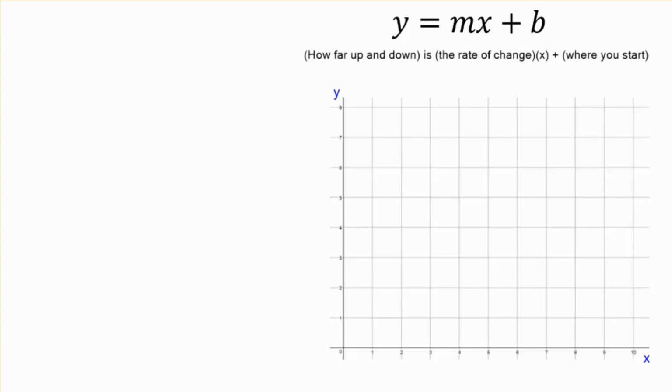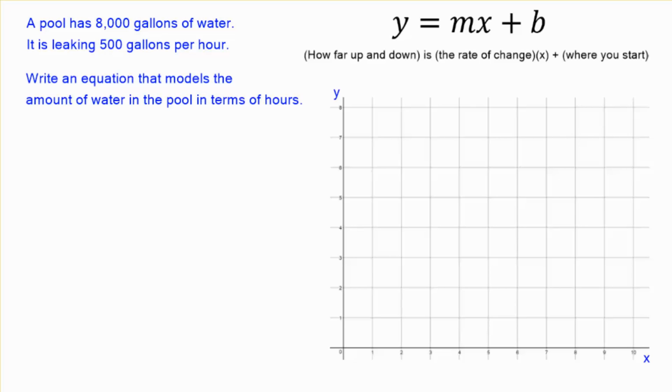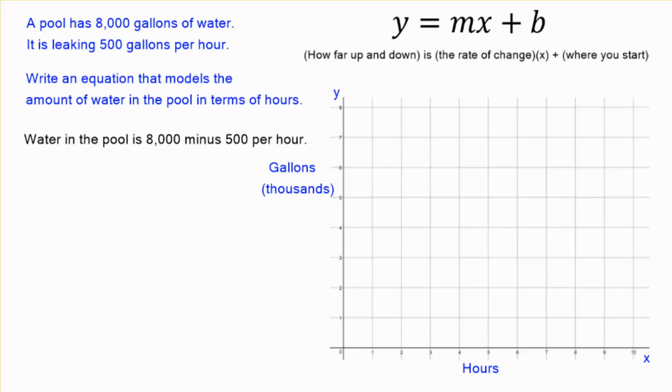Let's try another one. Let's say you have a pool that has 8,000 gallons of water. That's when you start. And it's leaking 500 gallons per hour. Write an equation that models the amount of water in the pool in terms of hours. So water in the pool is the important part. It's equal to 8,000 minus 500 gallons per hour.